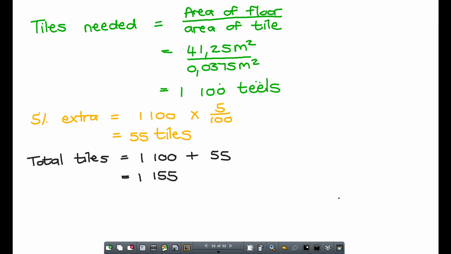Now the question says, calculate the total cost. So nou moet ons dit gaan vat en gaan kyk wat dit kos. Maar hierdie teels kom in 'n box van 120, nee. Okay, so I first have to calculate how many boxes of tiles I need.